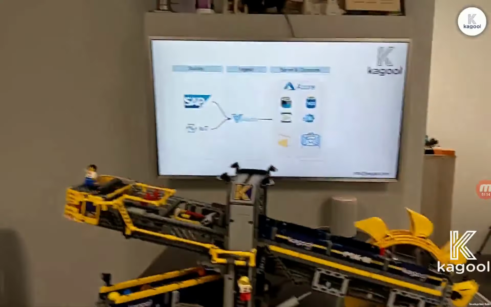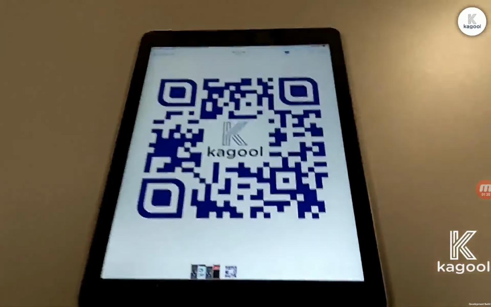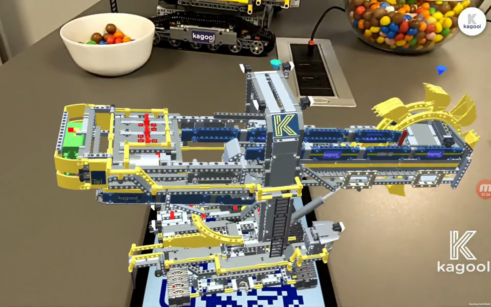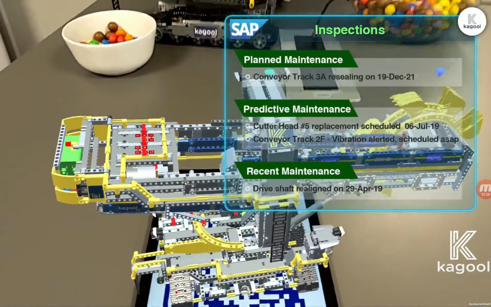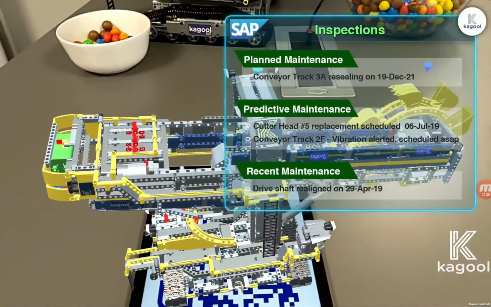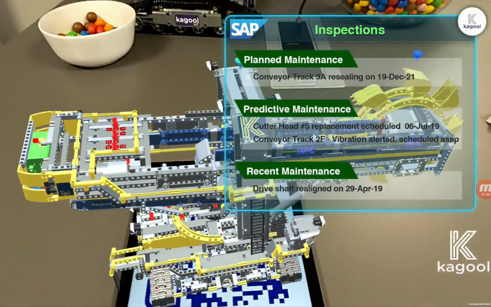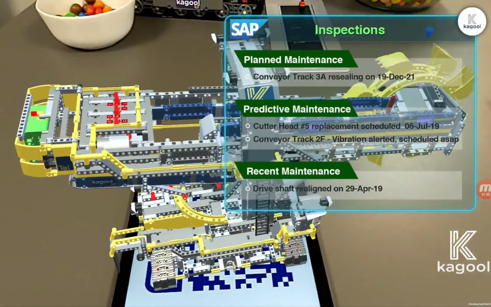We ingest all the data from SAP that we want to consume as part of the visualization on the model. And some of that information is plant maintenance. As you know, there are lots of different use cases for planned and predictive maintenance improvements that can be performed when you ingest all the IoT data, and that's basically what we're visualizing here.